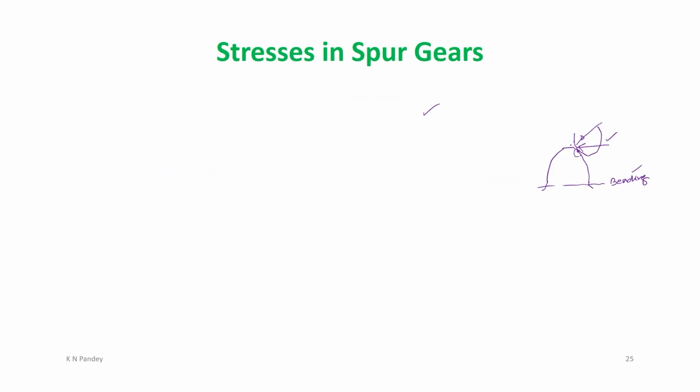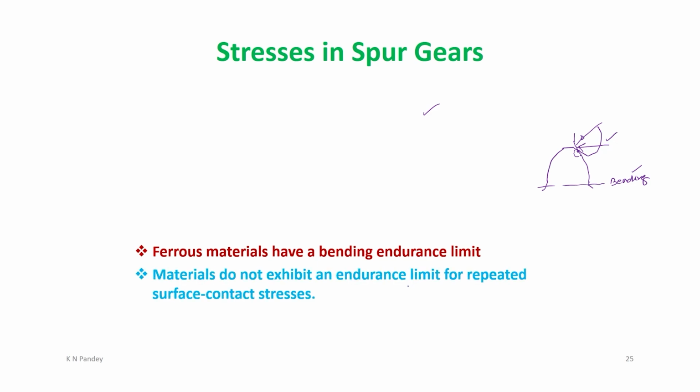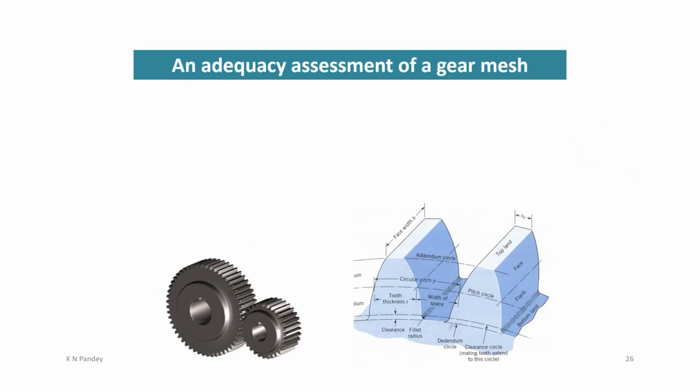So, after getting the stresses, we determined the strength under bending and strength under surface contact stresses. And ferrous materials have a bending endurance limit, we know, and materials do not exhibit an endurance limit for repeated surface contact stresses. In designing, we have to ascertain whether the design component will work satisfactorily or not, and for that an adequacy assessment is made.